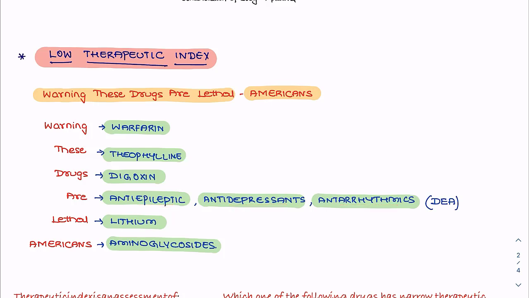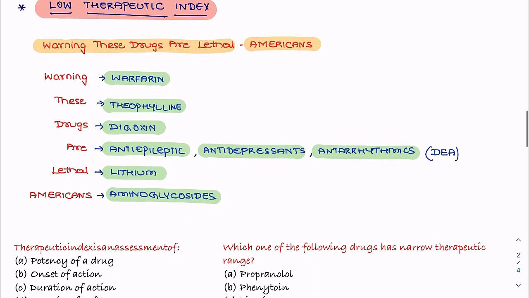Among anti-epileptics we have phenytoin, and among antiarrhythmics you can go for quinidine. All these drugs fall under the low therapeutic index. Next, lethal stands for lithium and American stands for aminoglycosides.